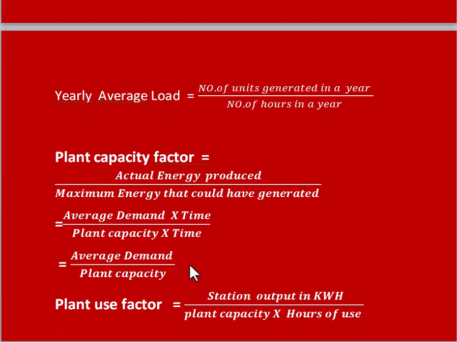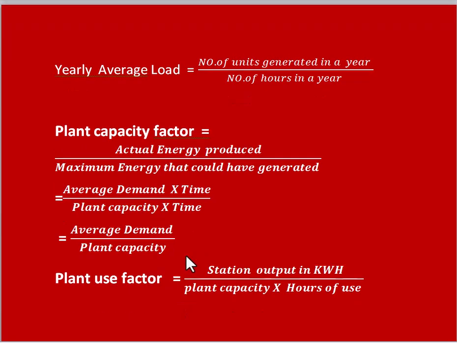That can also be written as average demand divided by plant capacity. Coming to the plant use factor, it is nothing but station output in kilowatt hours divided by plant capacity into the number of hours of use of the plant.